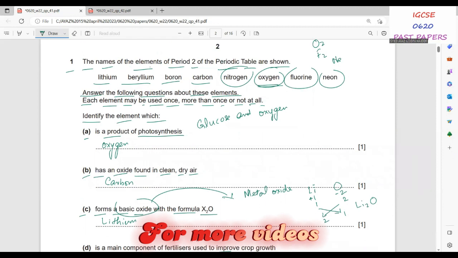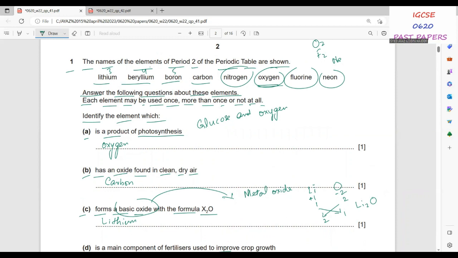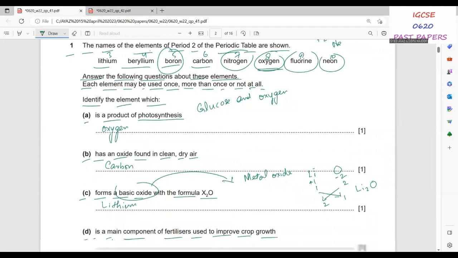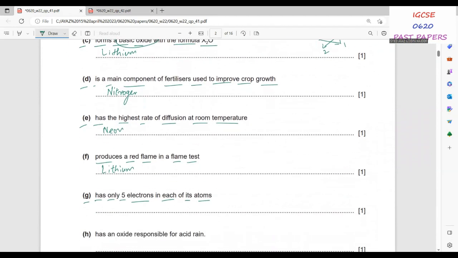For lithium, the proton number is 3, beryllium it's 4, boron is 5, carbon is 6, nitrogen 7, oxygen 8, fluorine 9, and neon 10. So it must be boron because this is the one which contains 5 electrons in each of its atoms.